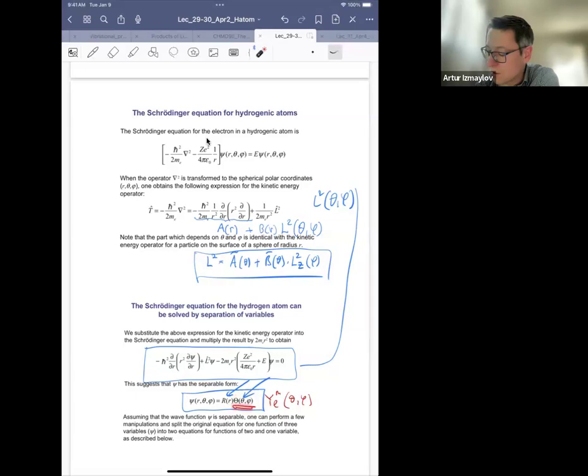Here they are just written as a capital theta phi. They in turn are the products of theta and phi, because this has a product structure. And then the total function, because it's an eigenfunction of the same type of operator, is the product of a function of R times the product of theta and phi.